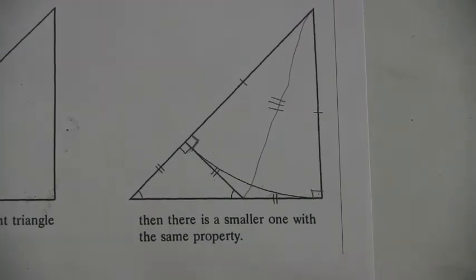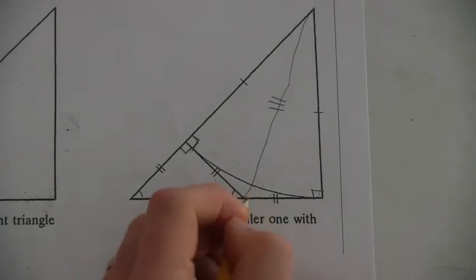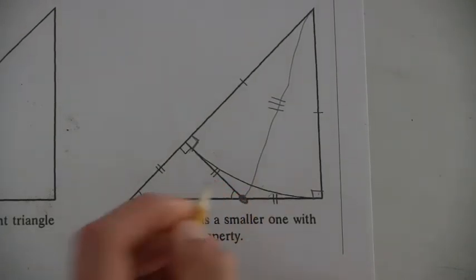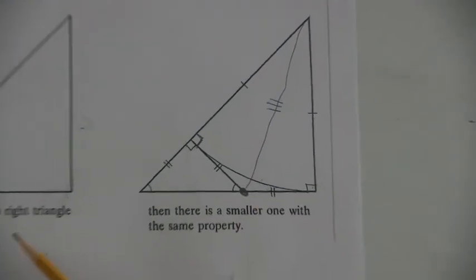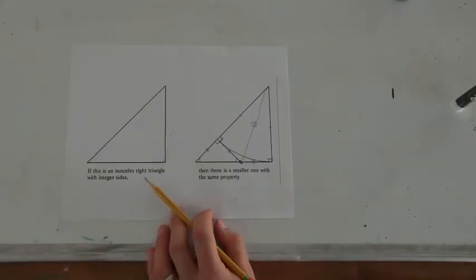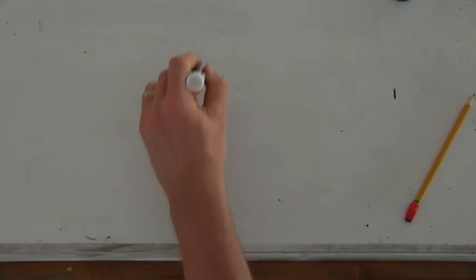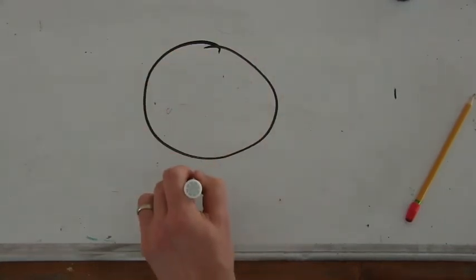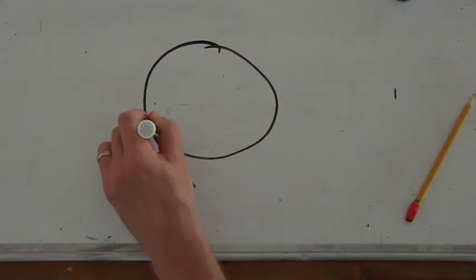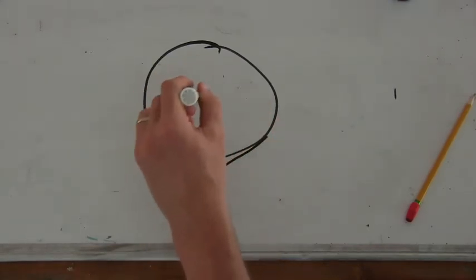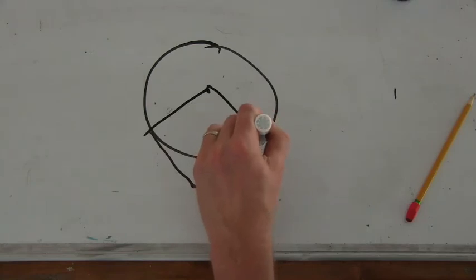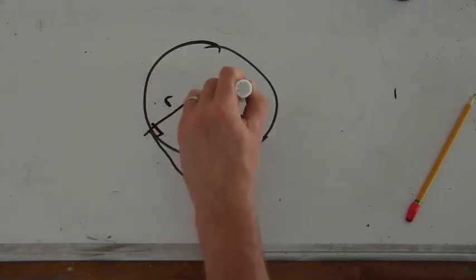So the other idea is that if you have a point outside of a circle, actually, instead of trying to do this zoomed in on the piece of paper, we have a point outside of the circle. The two tangents to the circle from that point, this is the radius, this is the radius.